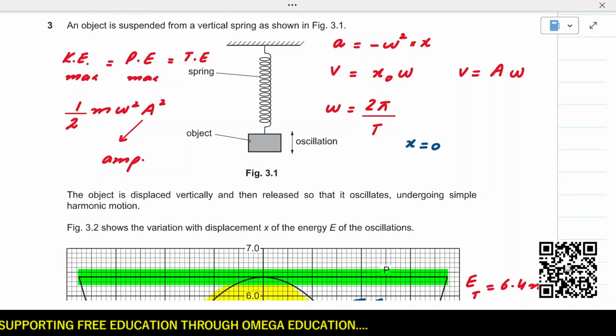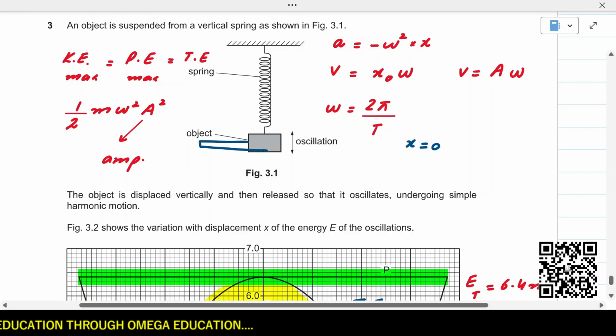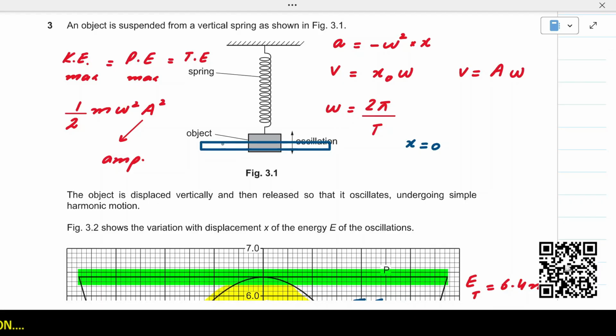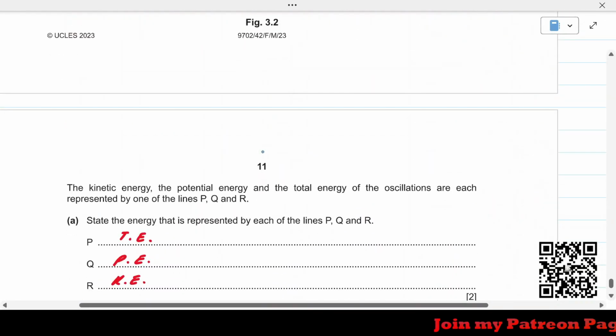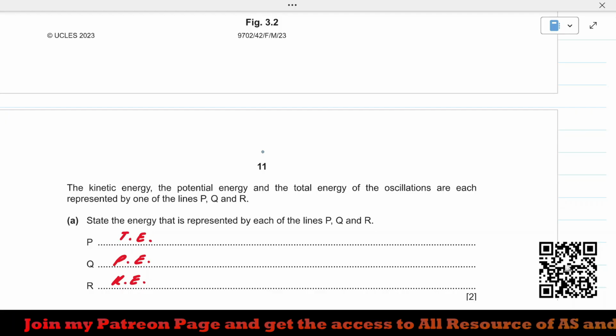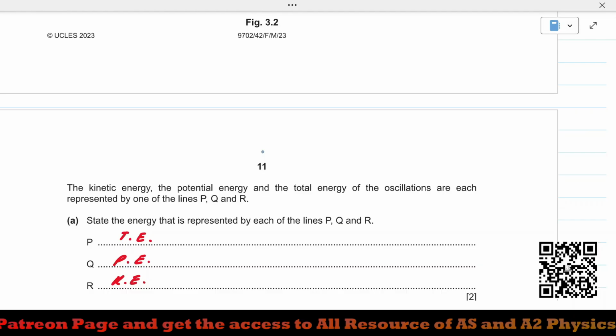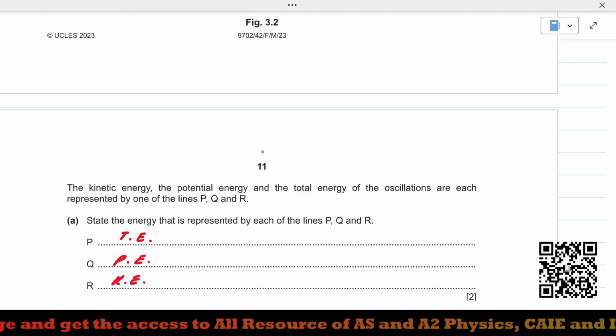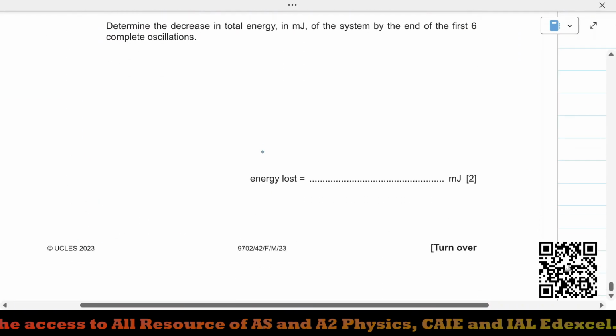So it's not a heavy mass, it's just a card. Maybe I should draw it slightly differently. Yeah, so a small card is now attached. So it'll trap a lot of air, there'll be more air resistance, and the object would be experiencing more resistive forces. It'll slow down, and that would result in damping.